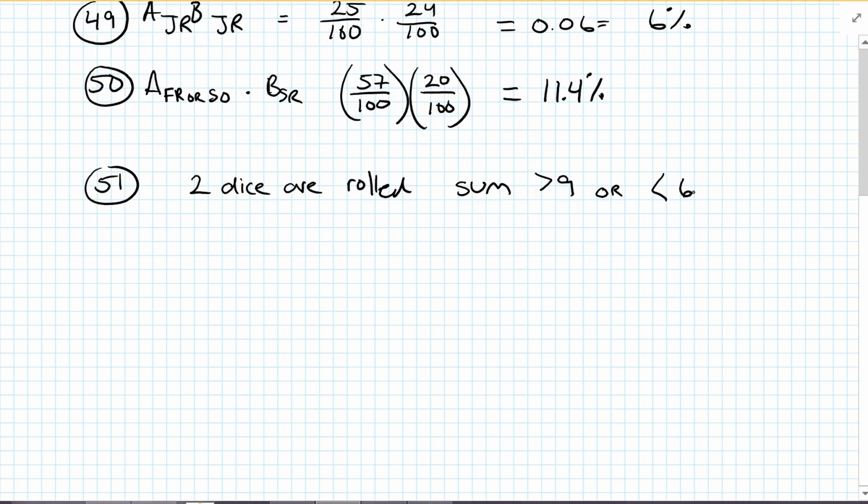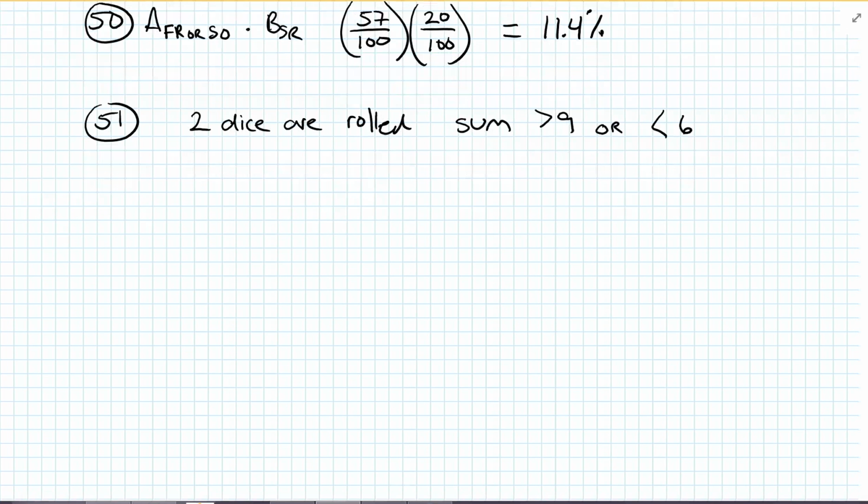Okay. Well, let's look at all the different ways we could roll our dice. Well, the lowest number I can get is 2. The highest number I can get is, I mean, the highest number I can get is 12, right?